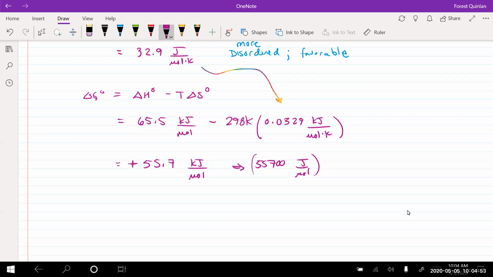So what does this tell us? What does a positive delta G tell us? Didn't you just say it's unfavorable? Yeah. Not going to happen. Now, can somebody finish that statement though?